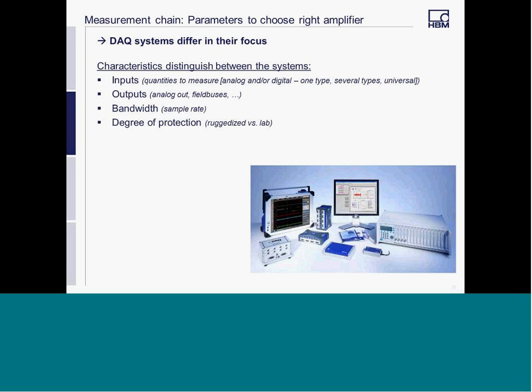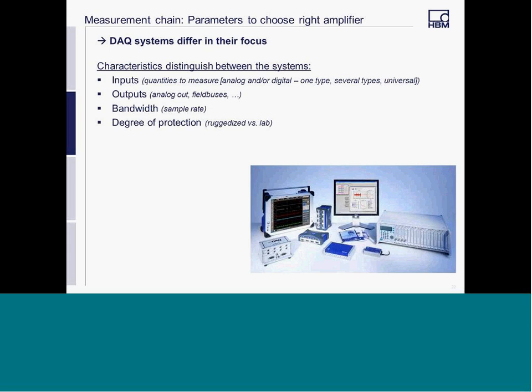The degree of protection. Do I work in the lab, so I don't need a high protection, or do I need to put my amplifier system into the mud? Is it on an agricultural vehicle, or is it under a bridge where you have a lot of rain and humidity or whatever?